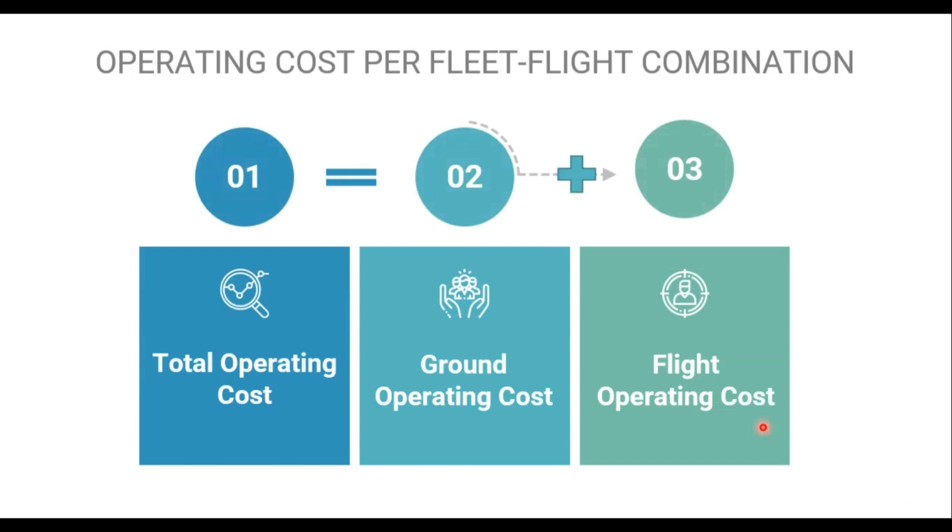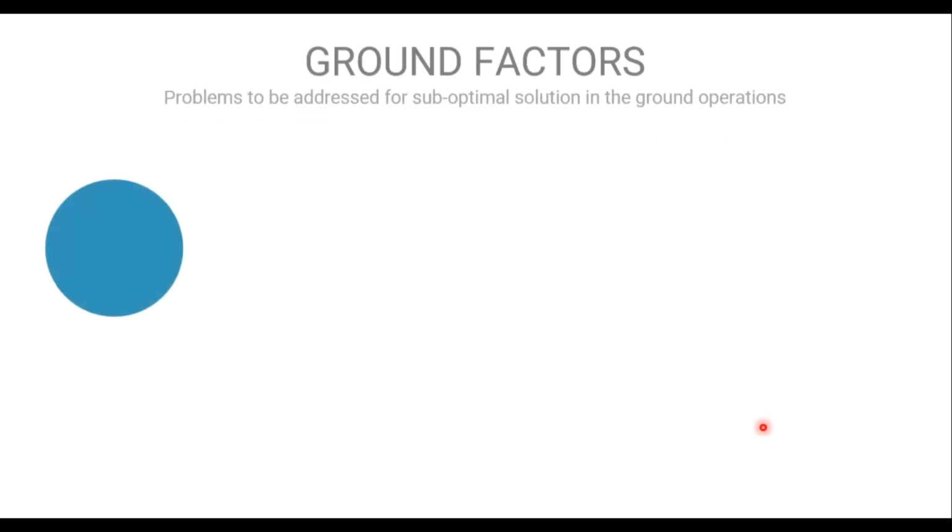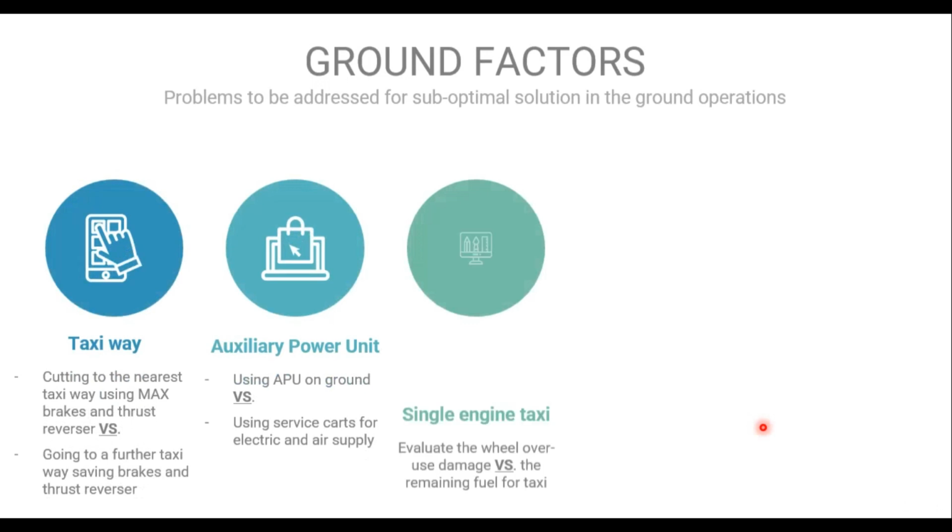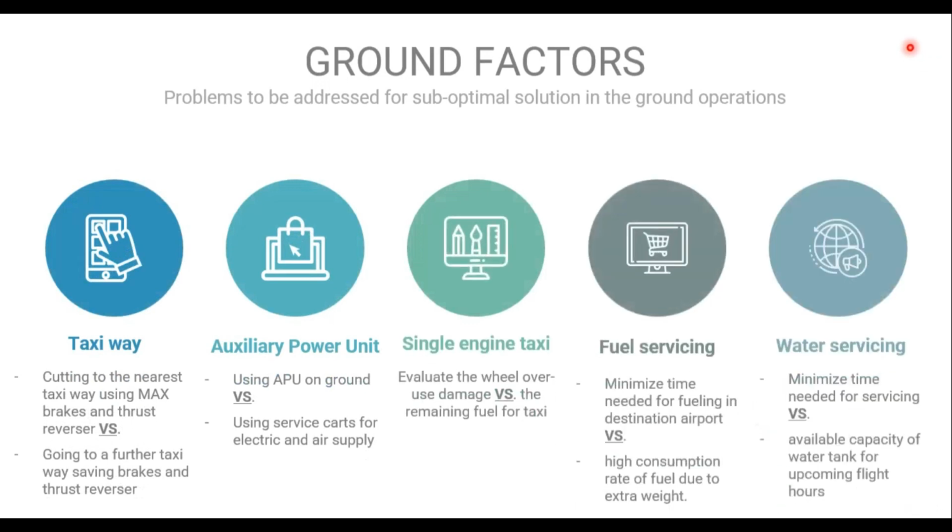Now the total operating cost comes from the ground operations and the flight operations. Let's have a glance at some examples of the ground factors that affect the airline economics or the direct operating cost.